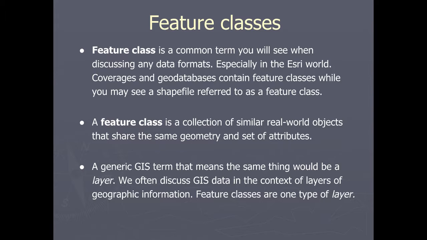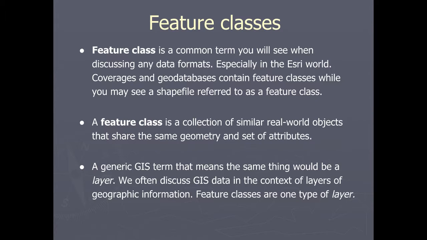It's a set of real-world things that are alike and they share the same type of geometry. So examples of a feature class might be a feature class of trees in a park. So all of the trees are similar objects. They're all trees. A feature class, you don't mix trees and manholes because they're not the same kind of things.